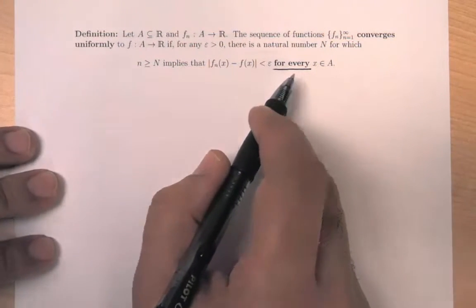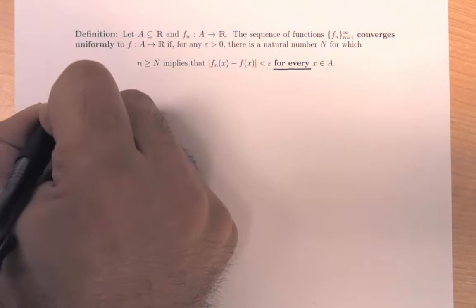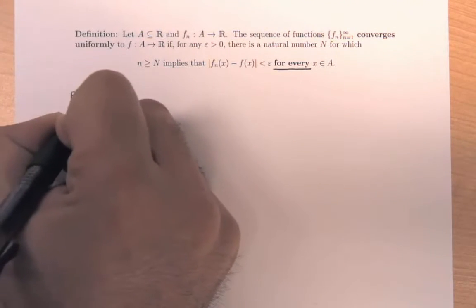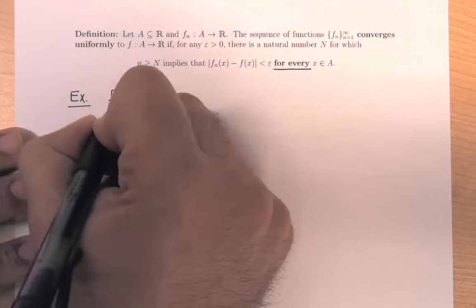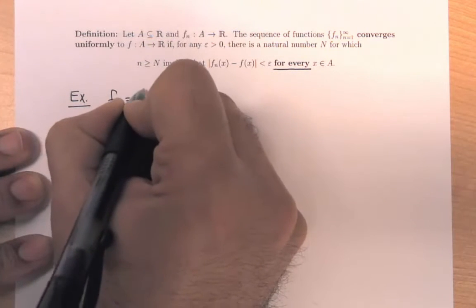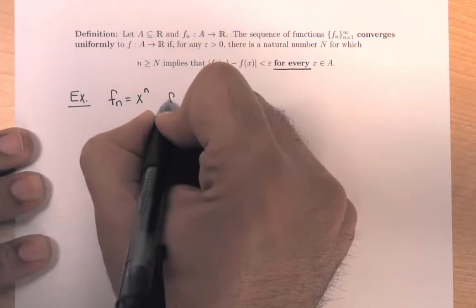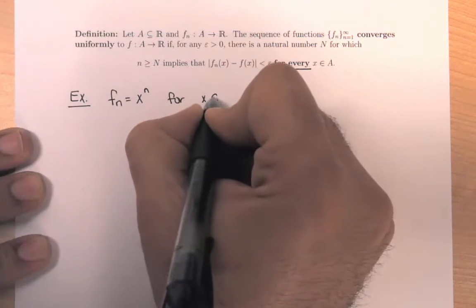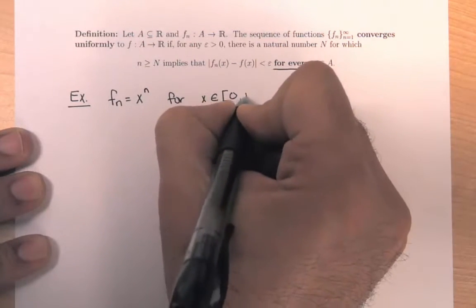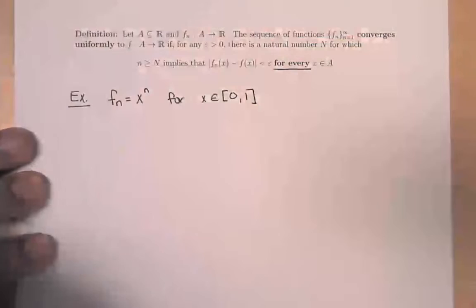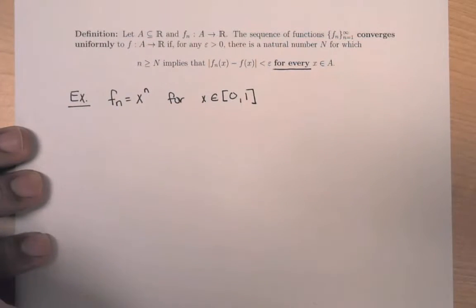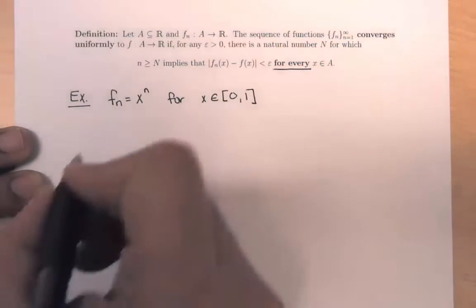So let's consider the same function we just looked at. fn equals x to the n for x in the closed interval 0 to 1. We know already that this function converges pointwise.